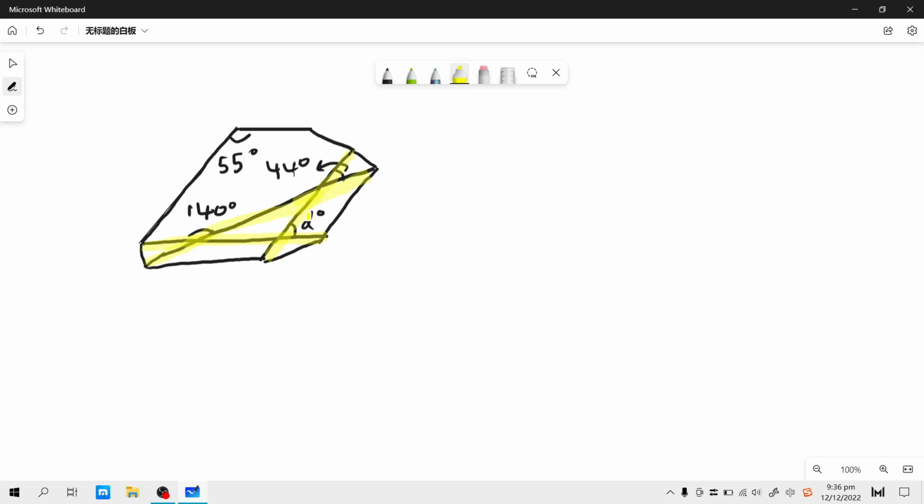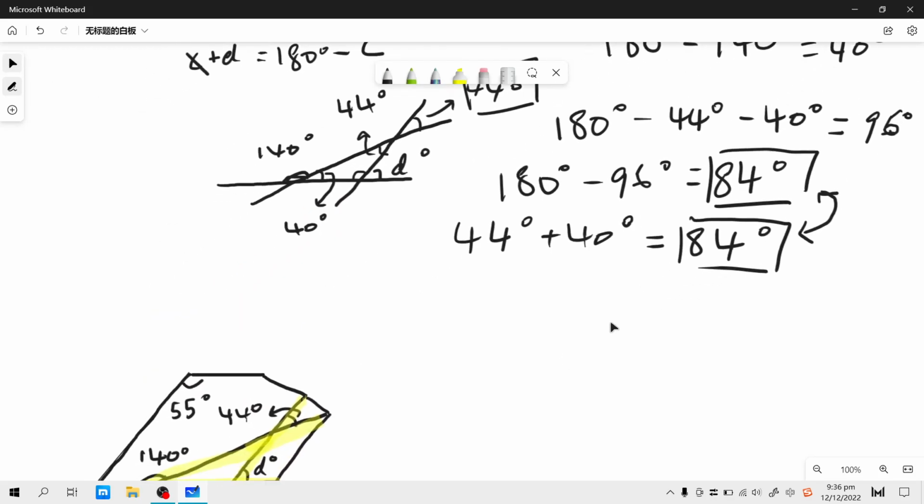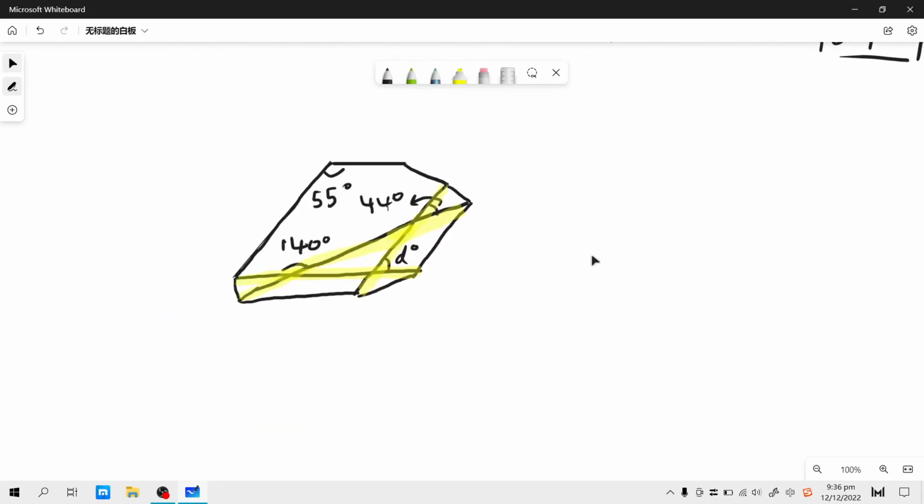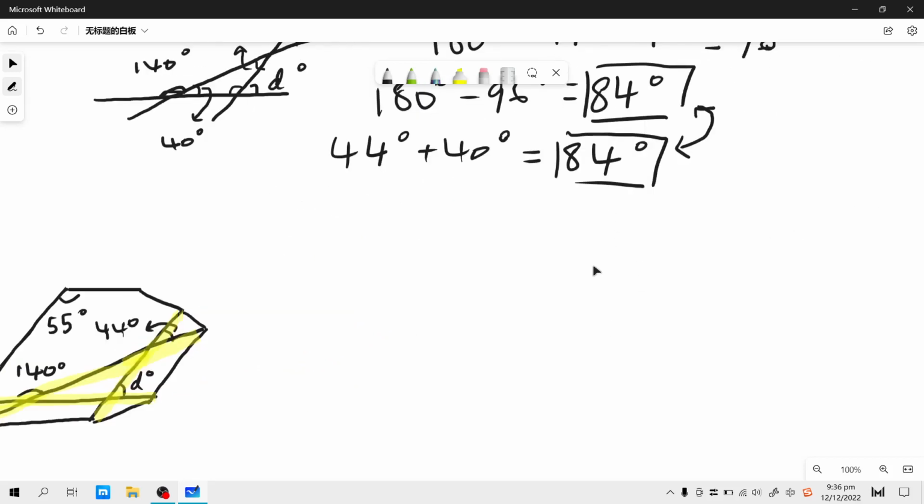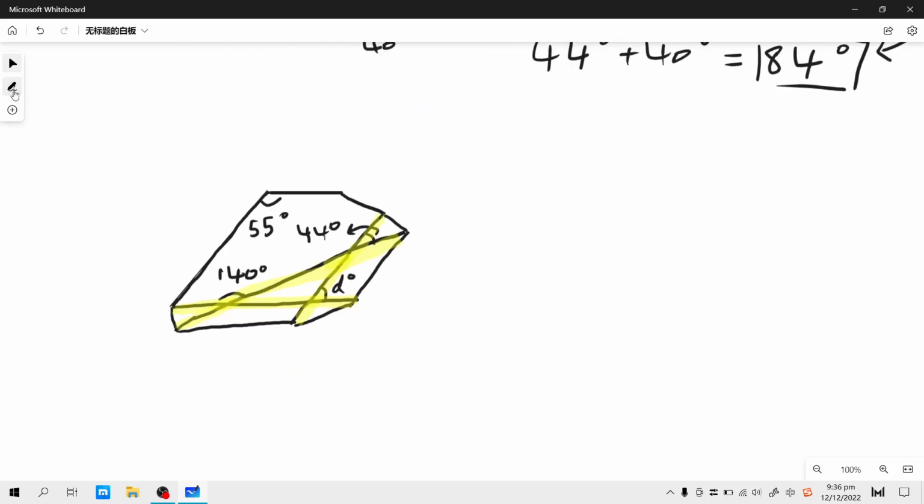If you see this, it is the same as the equation on top. Steps are the same. So the answer for this question is simply 84. Alright, that's quite easy. So let's move on to the next question.